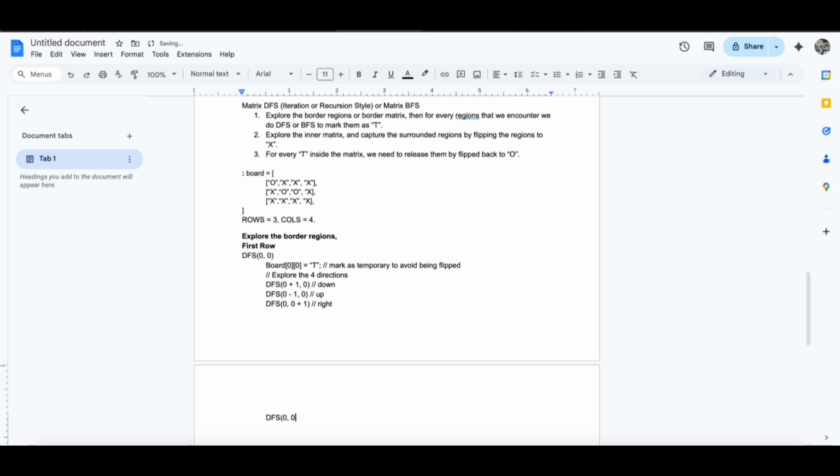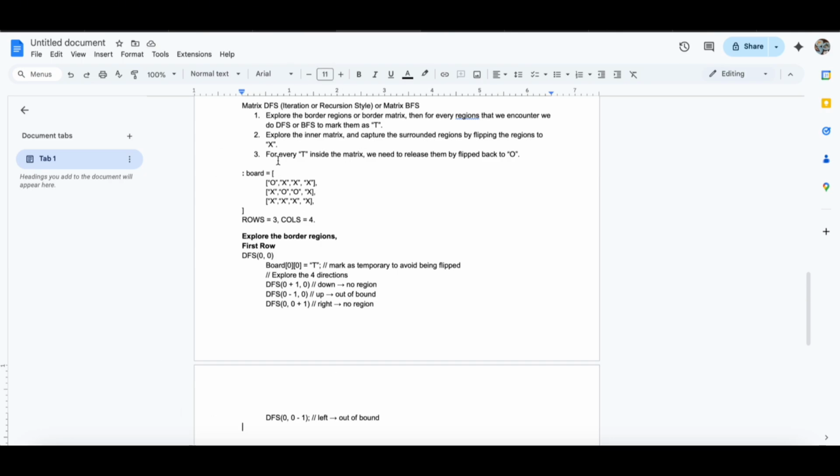DFS 0, 0 minus 1, this is left. On the right side, is there any region? No region. How about on this side? This is out of bound. On the downside, no region. On the right side, also no region, right? On the left side, this is out of bound.